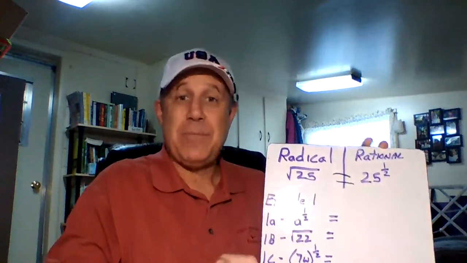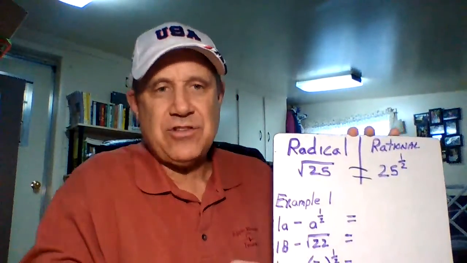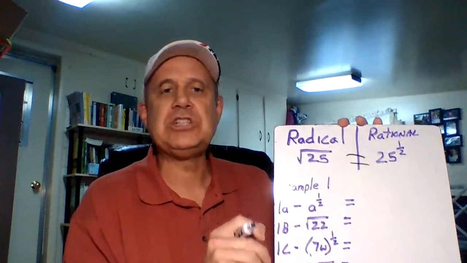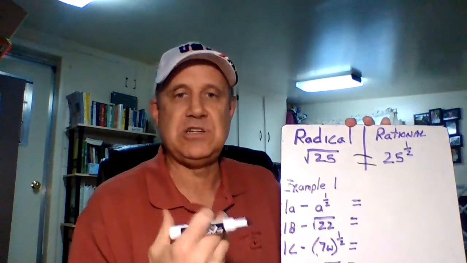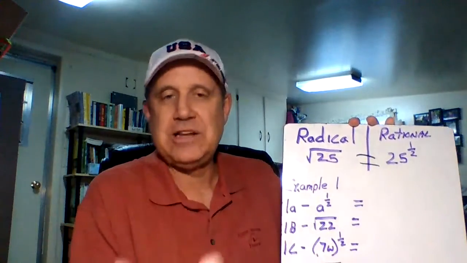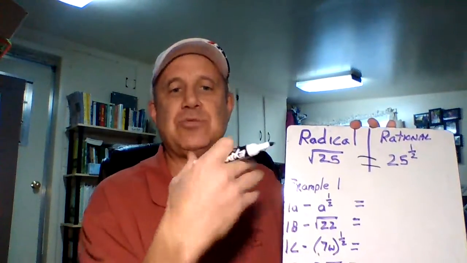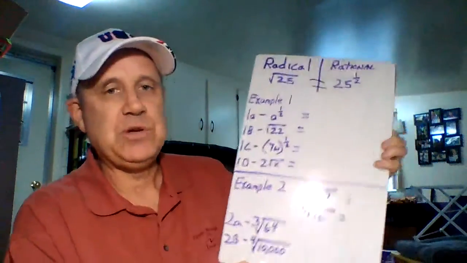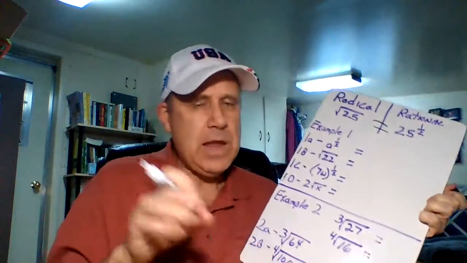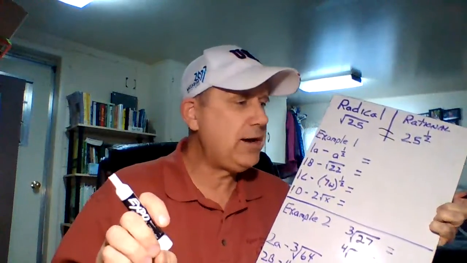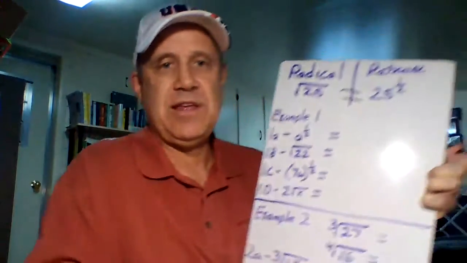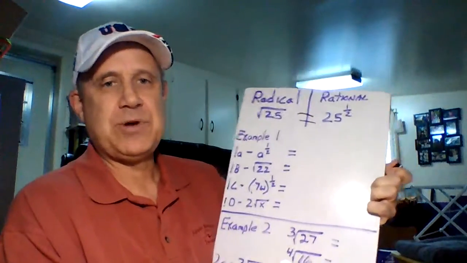Okay? So now, using that as our starting point, let's take a look at example 1. We're just going to look at some examples in terms of how to change radical into rational form and how to change rational into radical form. There are 4 examples you can look at to help you with this, and we're going to go through 4 examples right now.